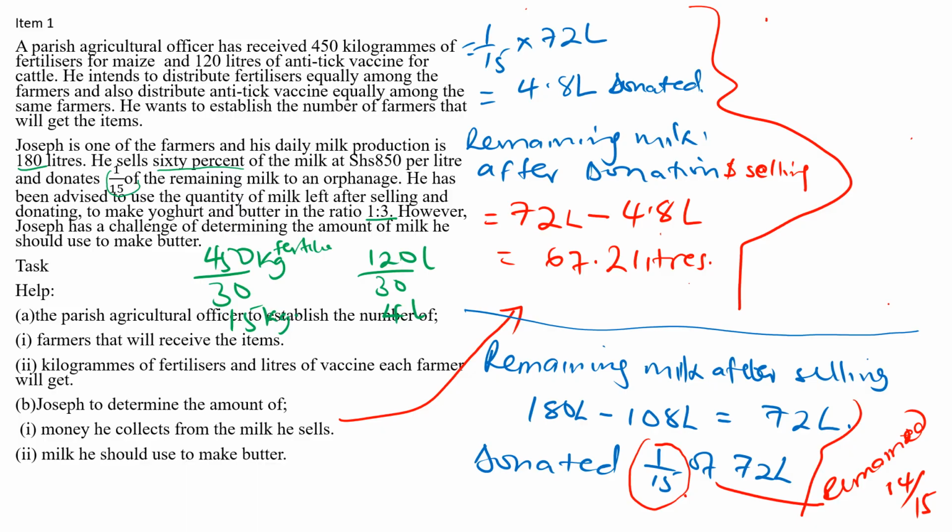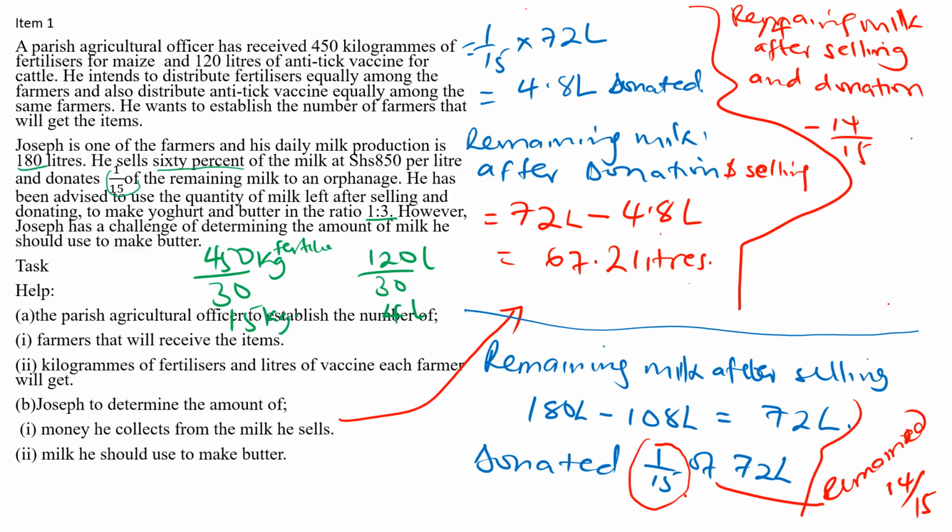Still, you can say that is remaining milk after selling and donation. Still you can come and say 14 out of 15, then times 72 liters. Still we shall get 67.2 liters.